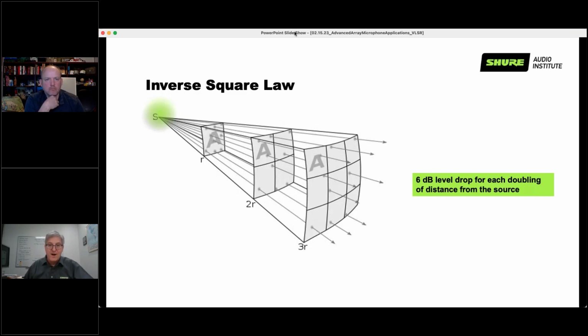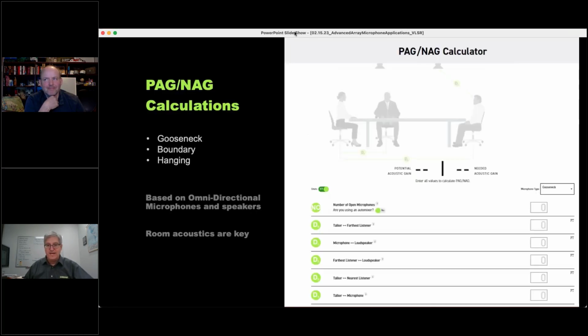So if we know how loud a particular talker is, or an average talker, which we do, we can say, well, if people are 30 feet away, then the level's going to drop by X, and at that seat it's going to be this loud. And so that tells us, well, that's less than we'd like, so how much do we need to make up? That helps to tell us what the need for acoustic gain is going to be. So let's go forward, and we'll talk about the equation a little bit.